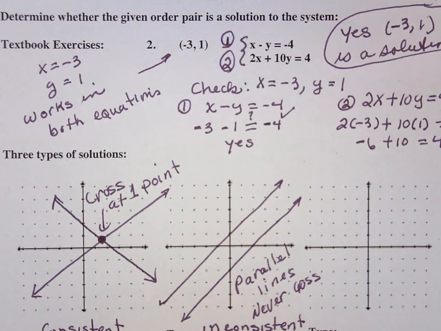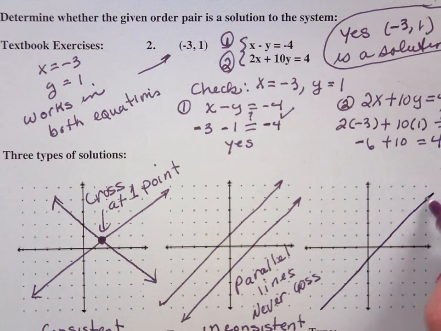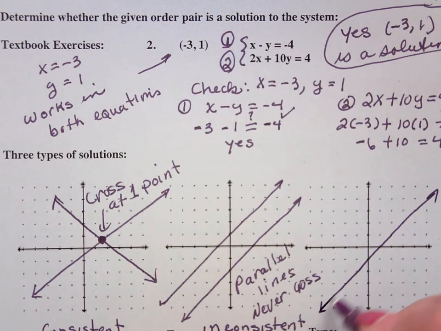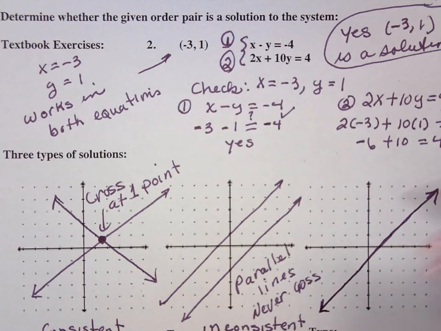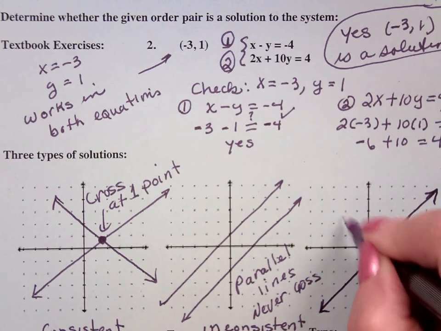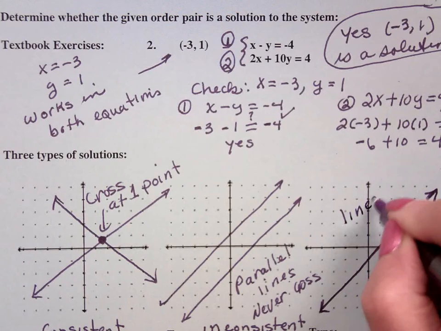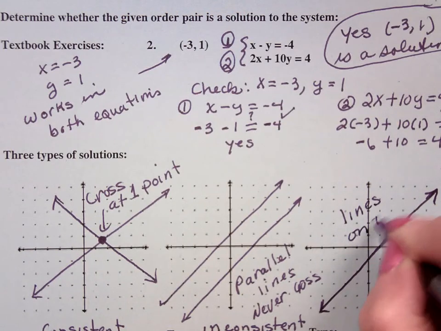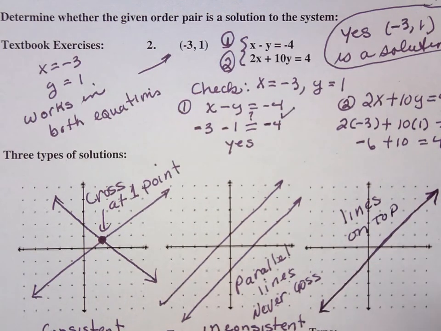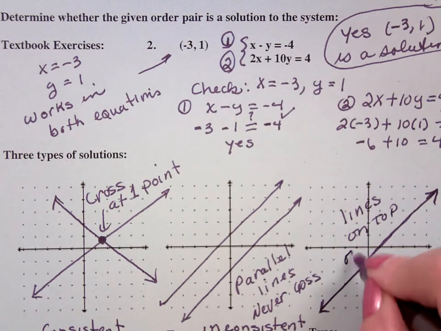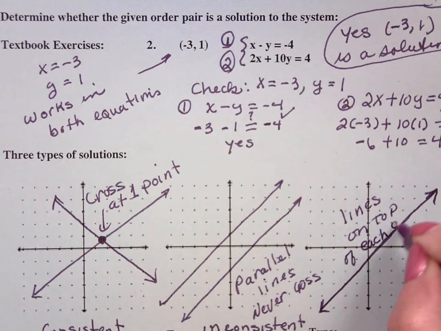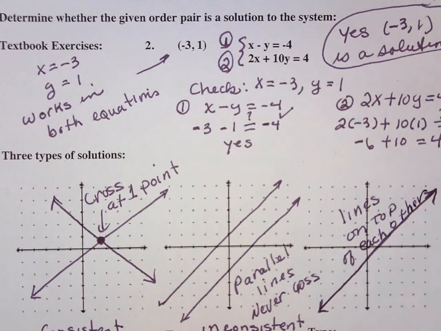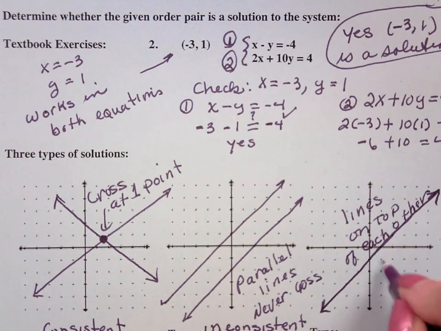And then finally, if I draw a line, I draw a second line, and the lines are on top of each other. They are the same line.